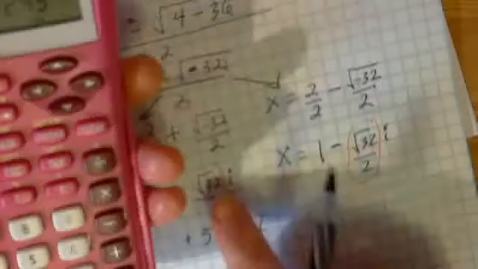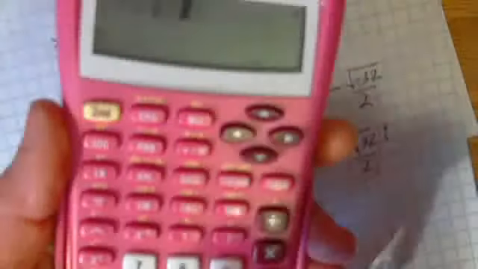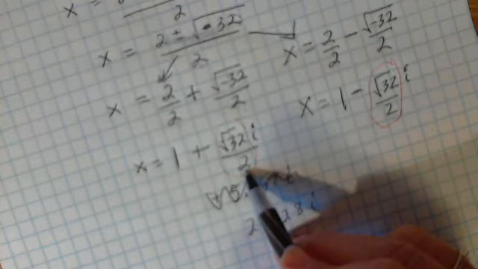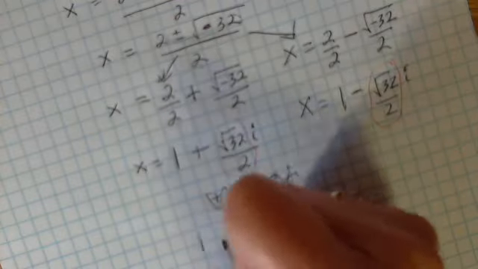Oh, you know what? I forgot to divide that by 2. Hang on a second. Divide by 2. Alright, that's better. So we get 2.828i. So be careful, I forgot to divide by 2. Now, we still have this 1 out front.